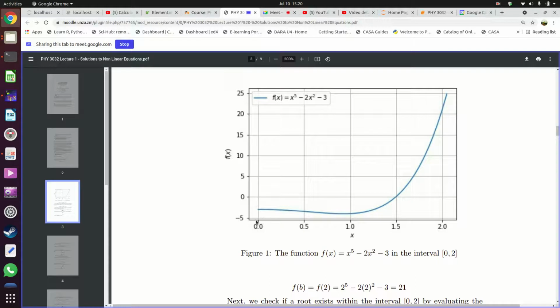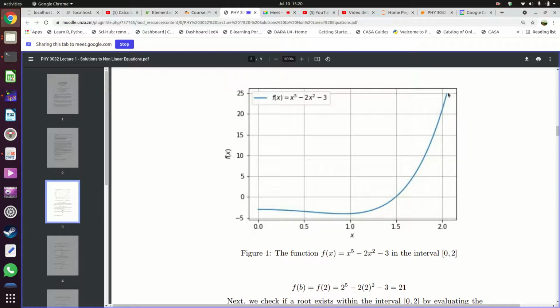Now, if you look at what this function is doing from 0 up to 2, you see right now at 0, the value of the function f of x is below the 0 here. So f of x is negative, and as f of x is negative, it comes there, it cuts the x-axis, then it goes all the way up like that.